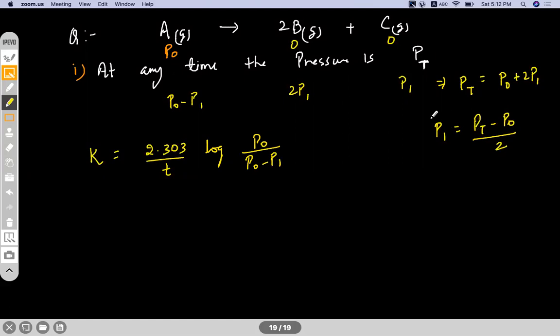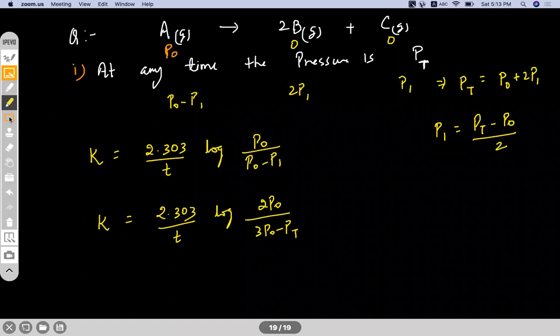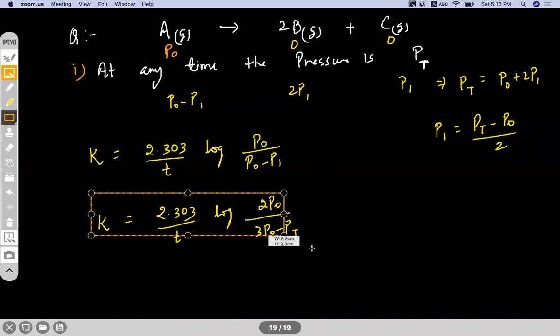If you substitute P1, you'll get the answer as K is equals to 2.303 by T log of 2P naught by 3P naught minus PT. This is the expression of K for this reaction.